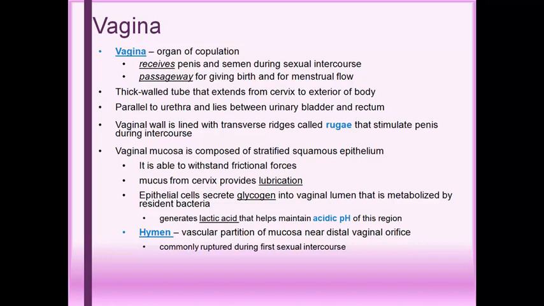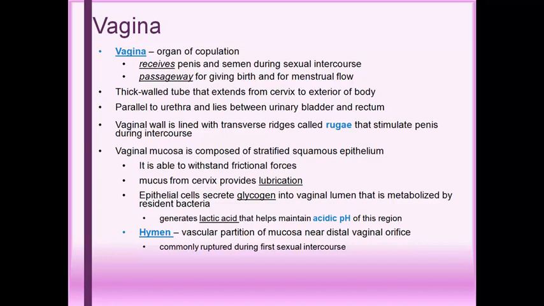There are epithelial cells within its lining that secrete glycogen, which is metabolized by the bacteria. It creates a lactic acid buildup within the vaginal wall and the vagina itself, and it creates the acidic pH of this region.